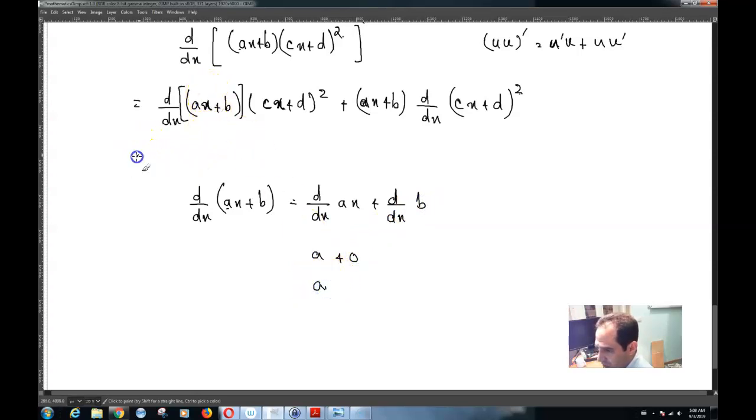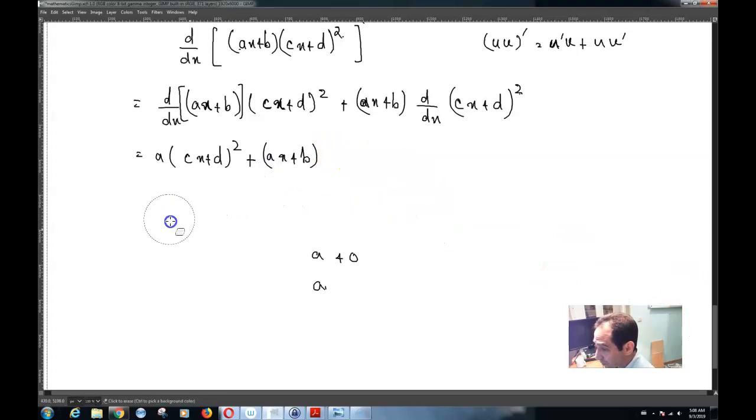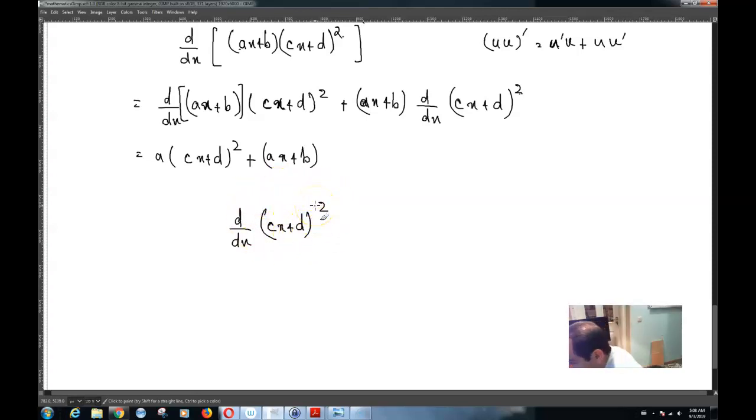So this is just equal to a times cx plus d whole squared plus ax plus b times the derivative of cx plus d whole squared, of course. So of course there is some formula for this, but we haven't derived the formula yet. Otherwise we could just simply use the formula.